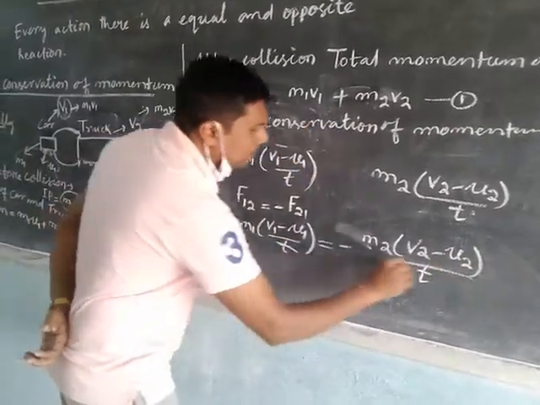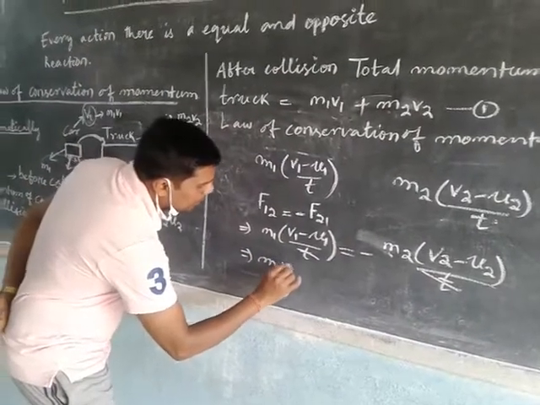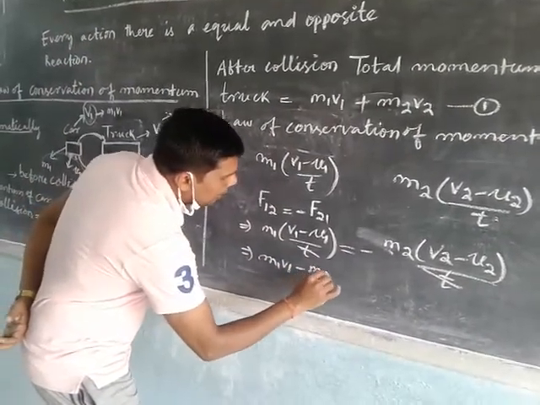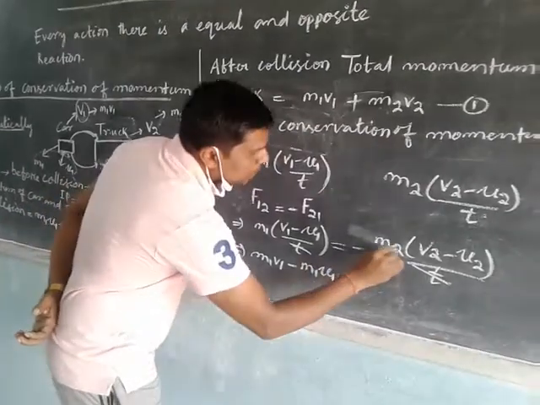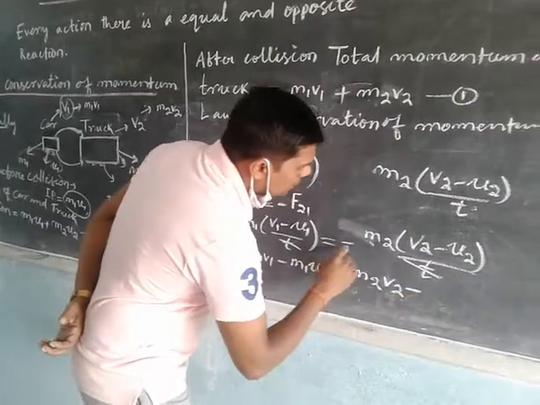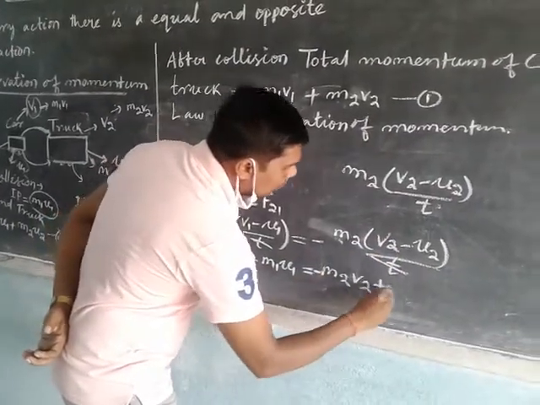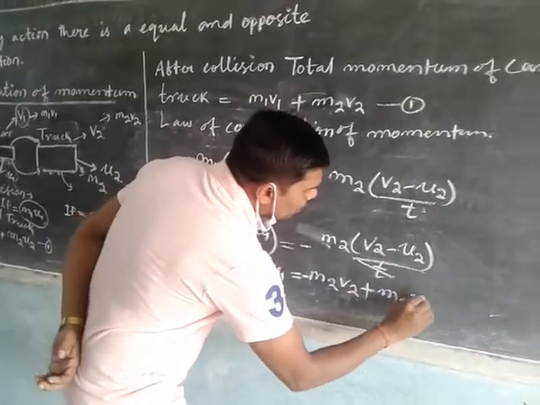So t will cancel. Then m1 v1 minus m1 u1 is equal to minus m2 v2 plus m2 u2.